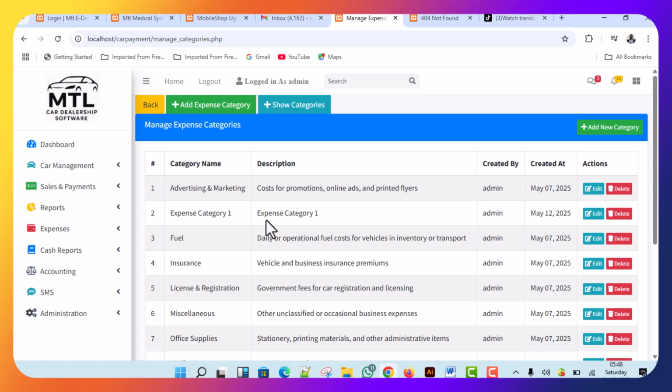Let's say repair, changing a number plate, or painting it to make it look new. You just need to record each category once.